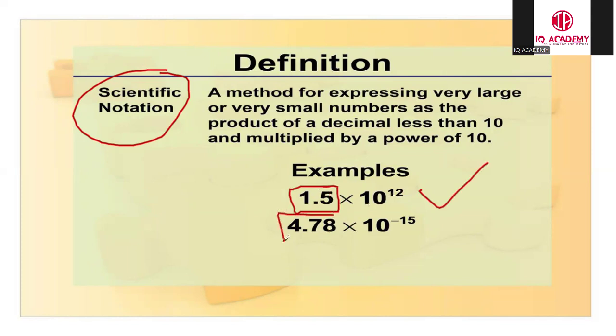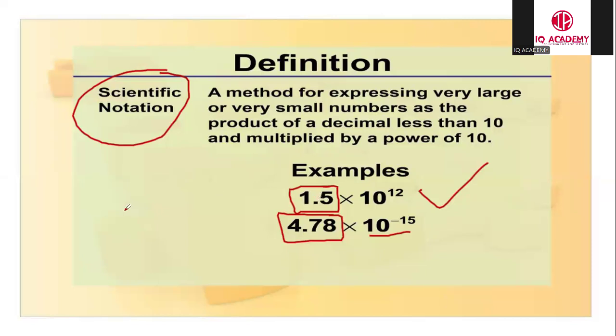Even this number here, you can see that it's scientific notation, and then we are multiplying by 10 to the power something. So it's very important to notice that this number here should be greater than 1. I repeat, it should be greater than 1 but less than 10.